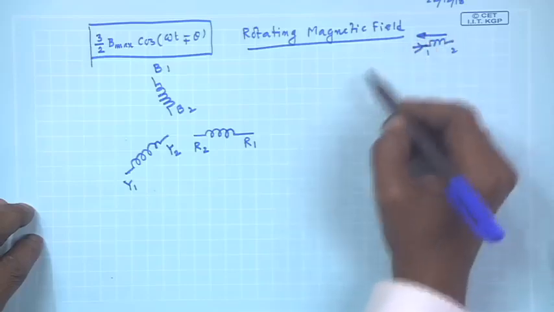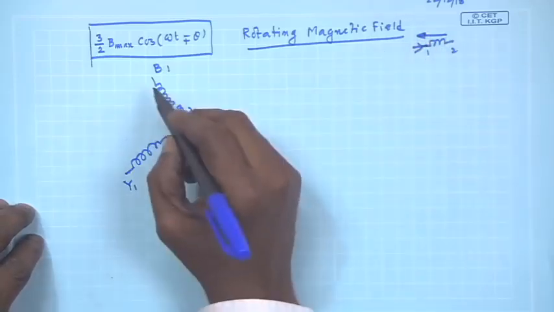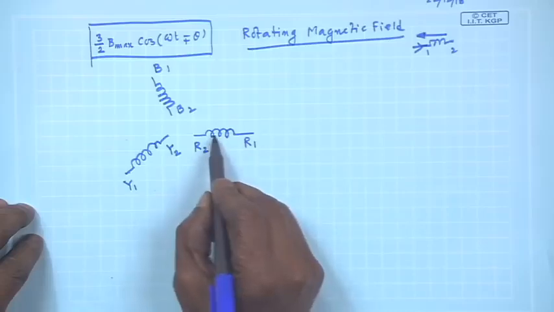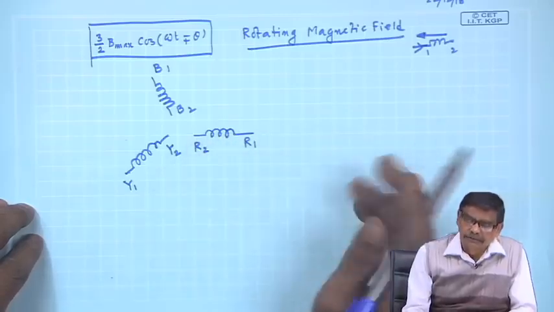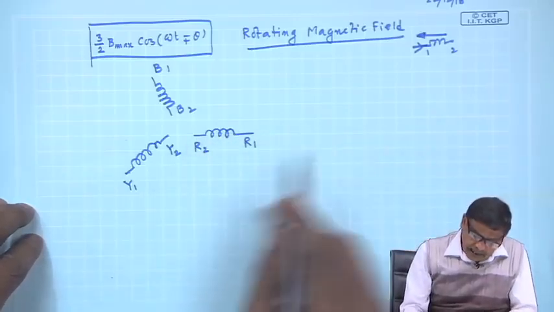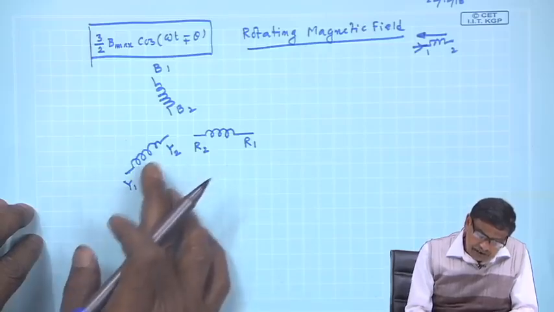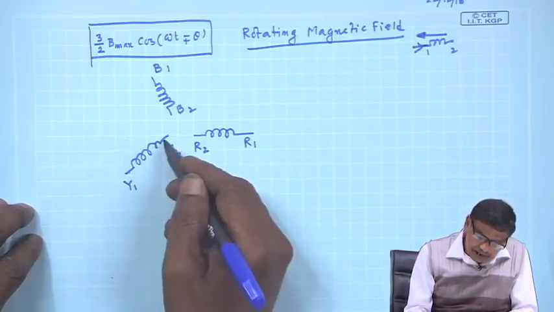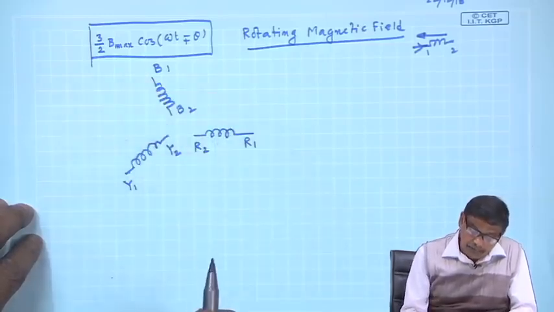That is, if current enters through R 1, the field will be produced along this. And if current enters through Y 1, the field will be produced away from the center, and so on.